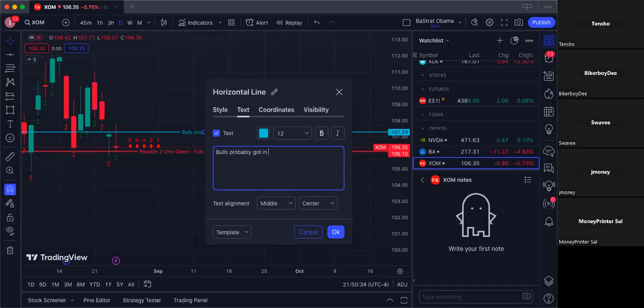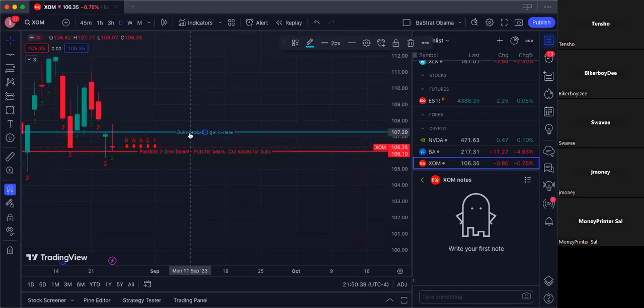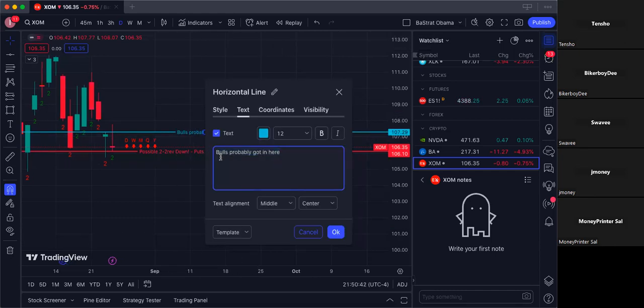If I could just cut in, Tina, I don't know where you saw that, but is there a significance to the body of the candle being one color and the outline of it being another? It depends on the indicator. For example, with the Strat Assistant, if the bar is a 2 down, I think the bar will be red, but the outline will be green.